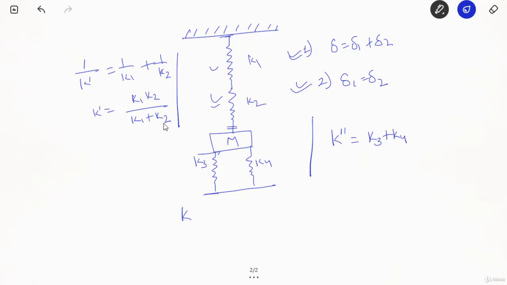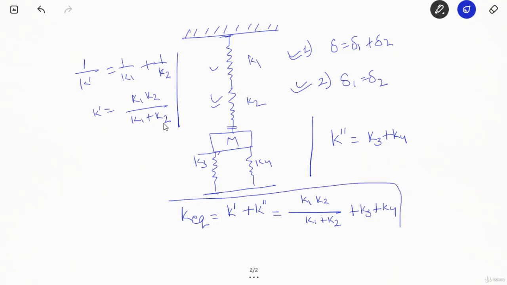So the net equivalent stiffness of the system is given by K dash plus K double dash. So this is equal to K1 K2 upon K1 plus K2 plus K3 plus K4. So this is the net stiffness of the system, right? This is the case.